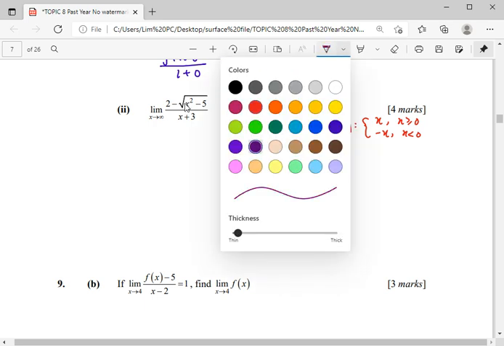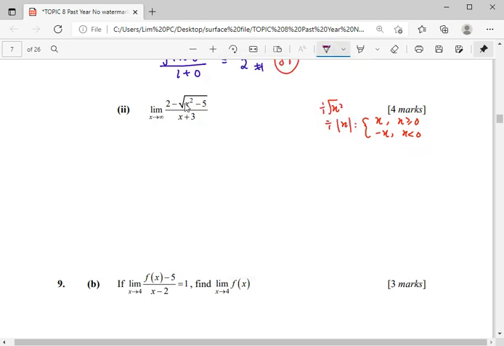So for our question here, the limit is when x approaches positive infinity. So we will divide by positive x, because positive infinity is greater than 0. Under the square root function, we will choose the square root of x squared.